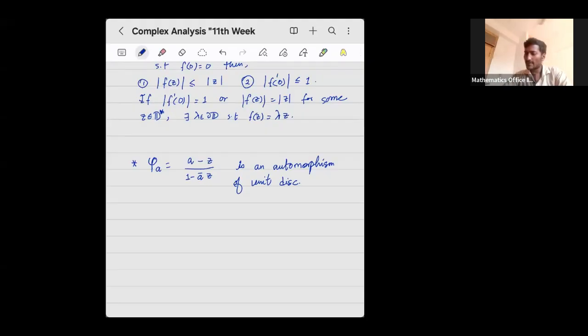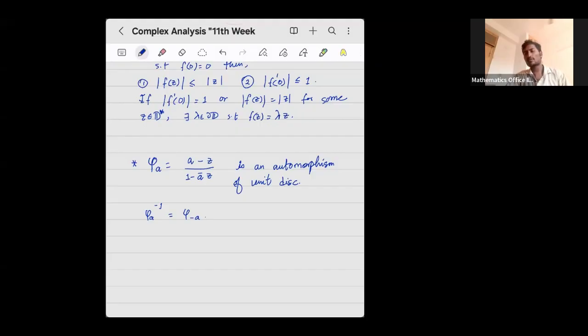Phi of a sends a to 0. Phi of minus a sends 0 to a. So they are inverses of each other. So the inverse of phi of a is equal to phi of minus a.